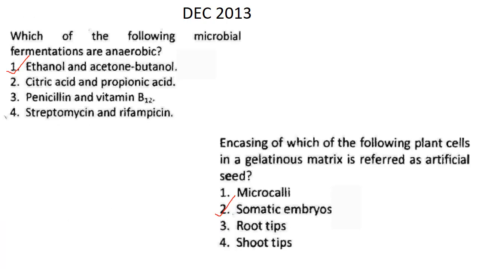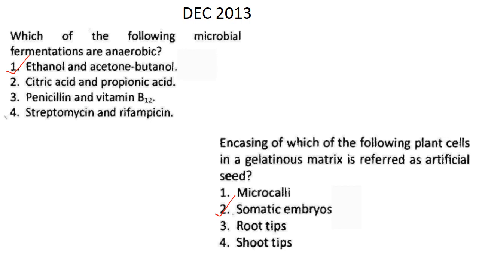Coming to December 2013 question paper. First question. Which of the following microbial fermentations are anaerobic? Ethanol is anaerobic. Acetone butanol also is anaerobic. So answer is option 1. Next one. Encasing of which of the following plant cells in a gelatinous matrix is referred to as artificial seed?